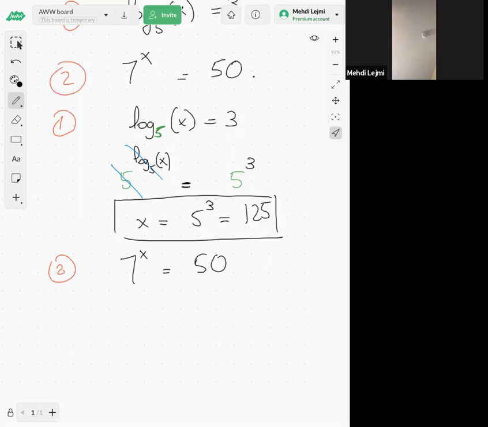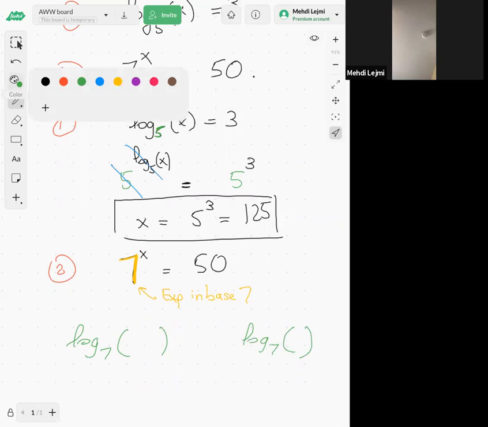So the left side is an exponential in base 7. We have to apply log to get rid of the exponential, and the same base, of course. So we're going to have log in base 7 on the left side and log in base 7 on the right side.